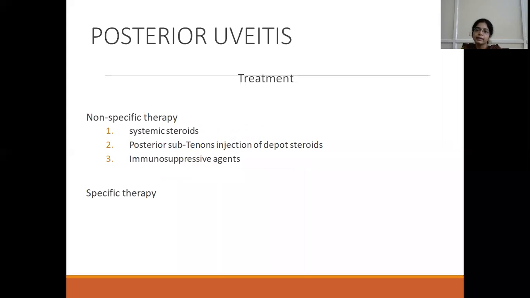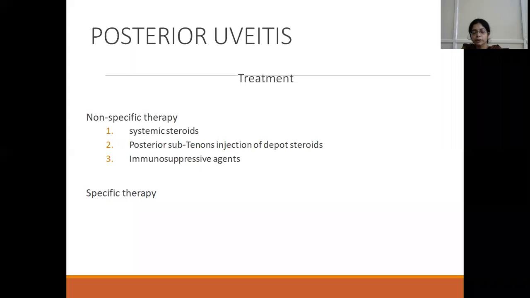Now, again, the treatment would also be very specific, as in topical steroids would obviously not be so effective in posterior uveitis because they have to penetrate the anterior segment and reach the posterior segment, going through the lens. So topical steroids would not be too effective.